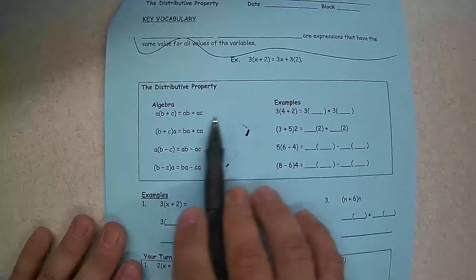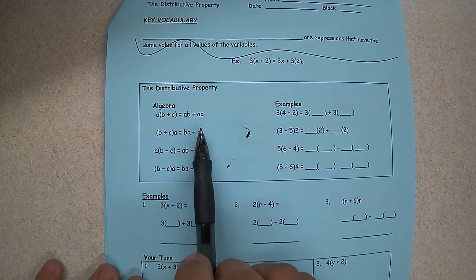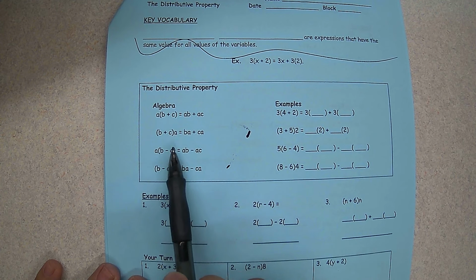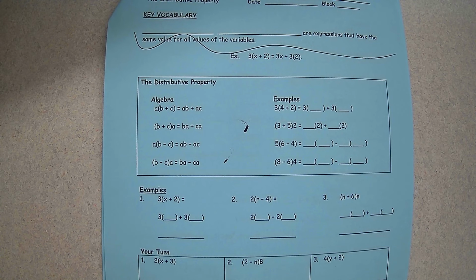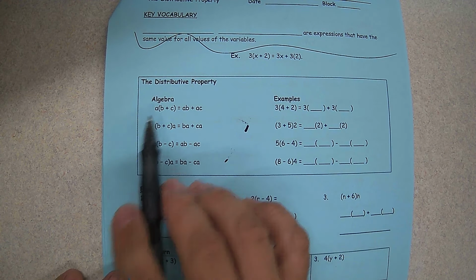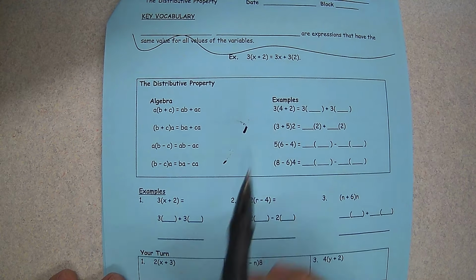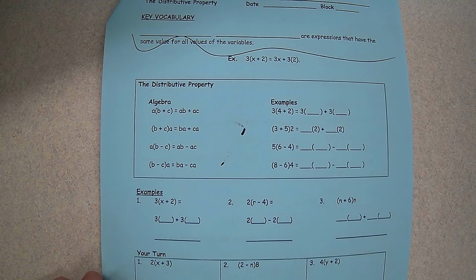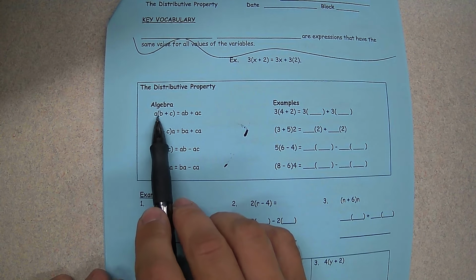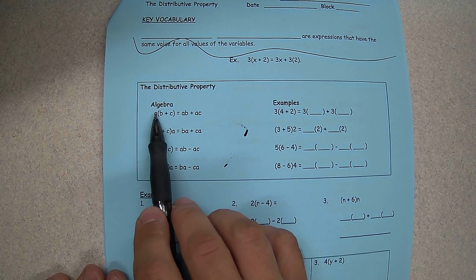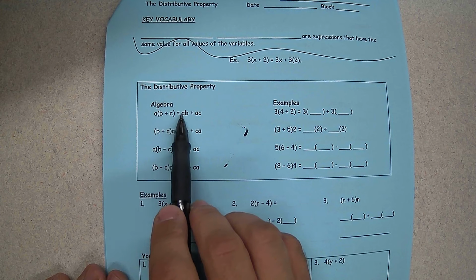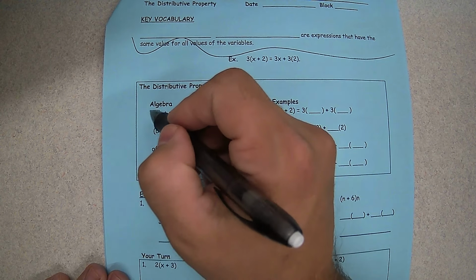Now, we've kind of just talked about this a little bit with some of these different examples. You saw just a couple of them in the last part of the video. But we're going to have this as a rule for you. So if this is what we started with, a times b plus c, then you multiply the a times the b and a times the c.